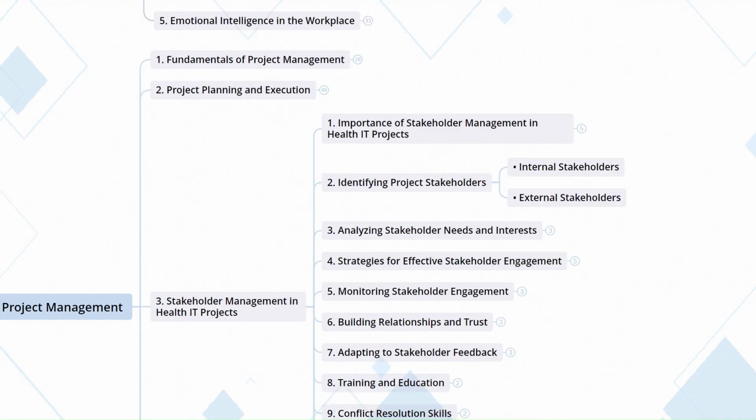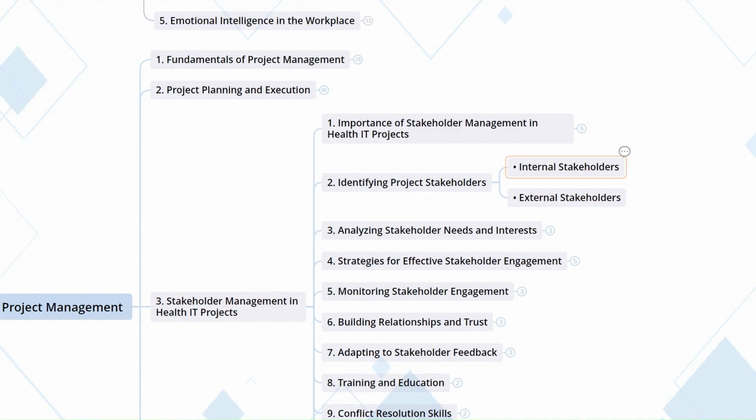Next, identifying project stakeholders. The first step in stakeholder management is to identify all relevant stakeholders associated with the health IT project. These include internal stakeholders and external stakeholders.